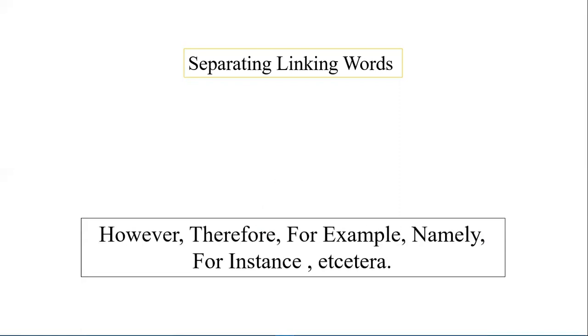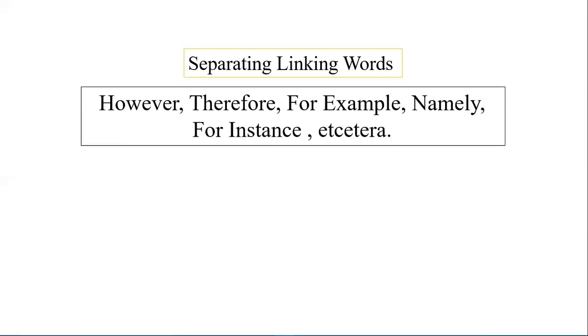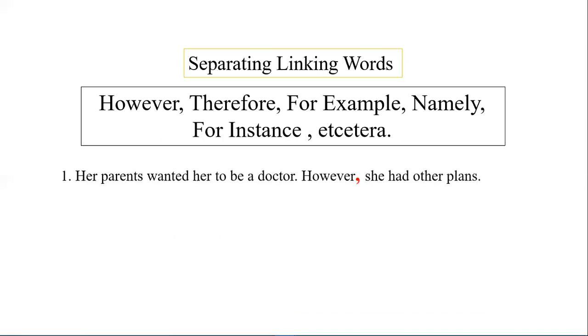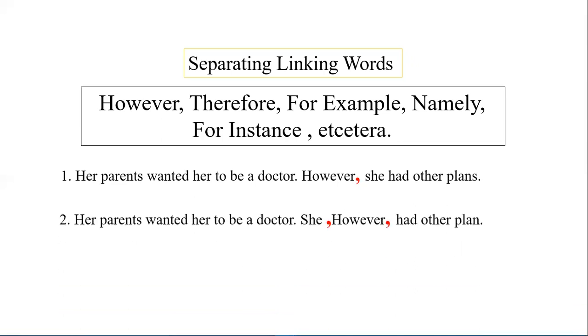Separating linking words. To separate linking words such as however, therefore, for example, namely, for instance, etc., for these parts of sentences we should use a comma. Say for example, her parents wanted her to be a doctor. However, she had other plans. After however, I put a comma here. Her parents wanted her to be a doctor.